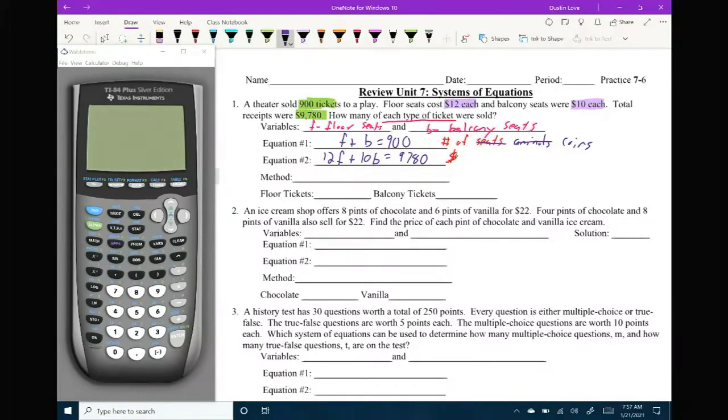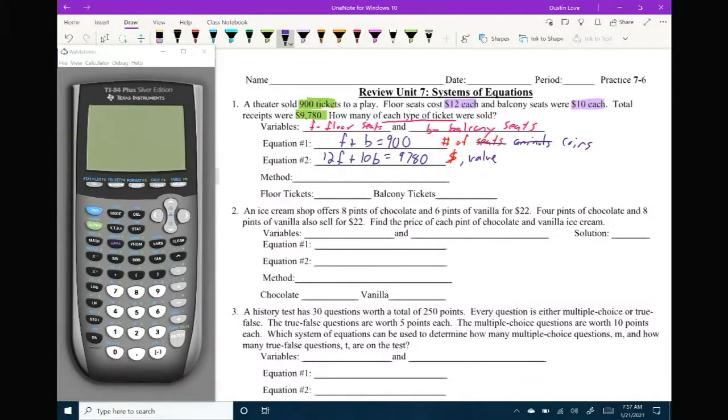Then you've got the one down here that I labeled as money, or another way of looking at that is the value of them. In that case, you're going to figure out how much each item costs, how much each item is worth, and then multiply the worth, the 12, times the number of them, the F. The worth, 10, times the number of them, B, equals the total value, which is 9,780. So you're going to get this style a lot.